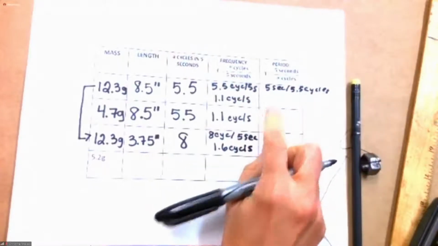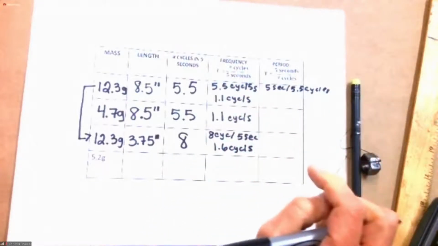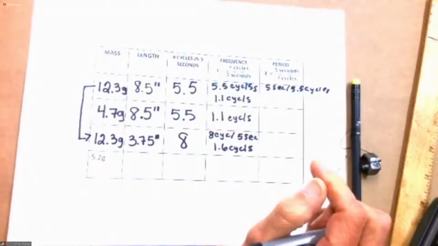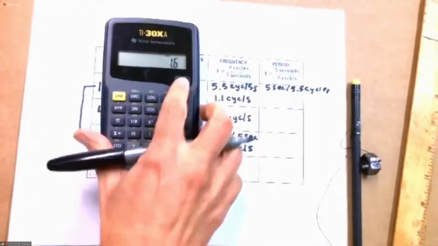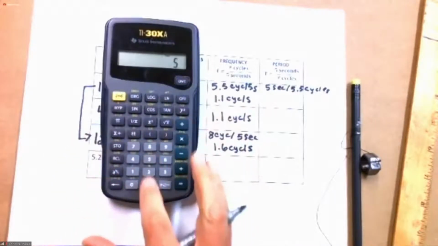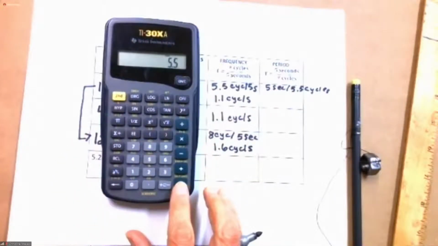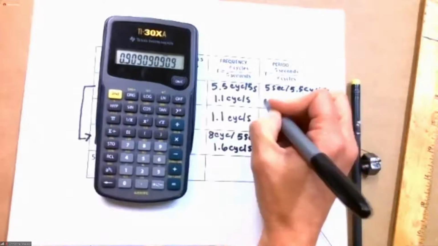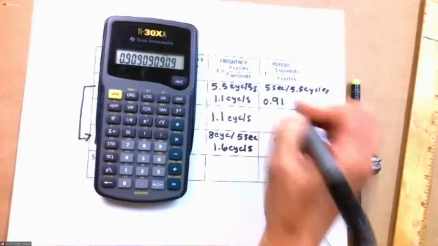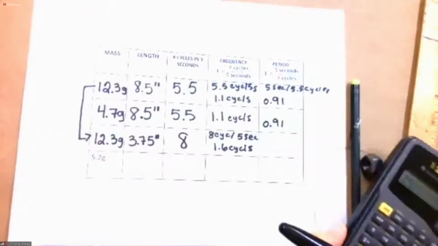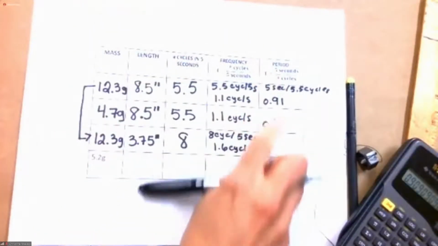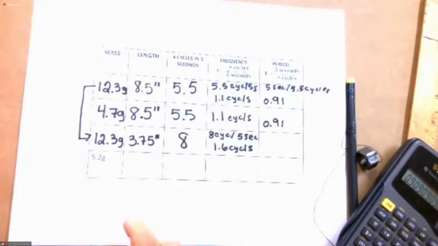So my period, or the time it takes for 1 cycle to go, would be, and again, you can use your calculator for this, 5 divided by 5.5 is 0.91. And that's the same for the one underneath, because I had the same frequency, it means I have the same period.